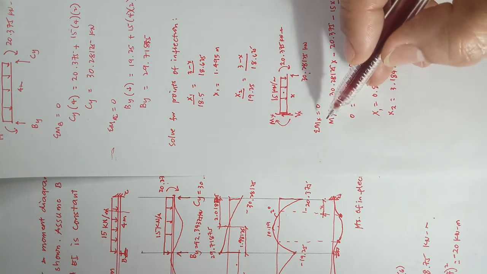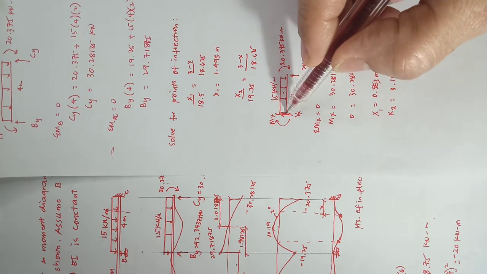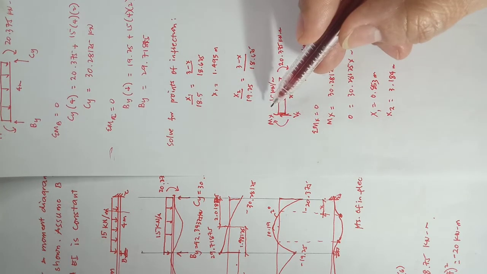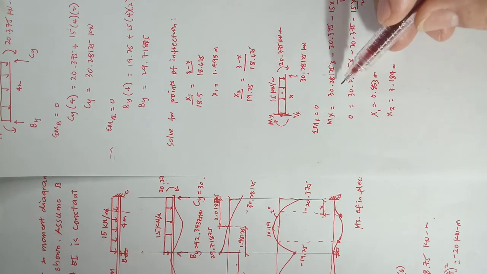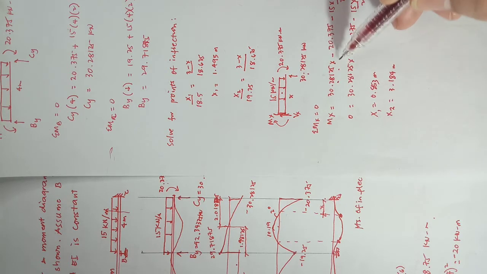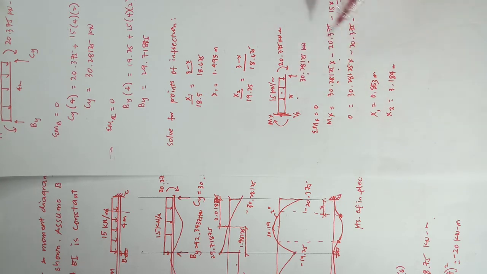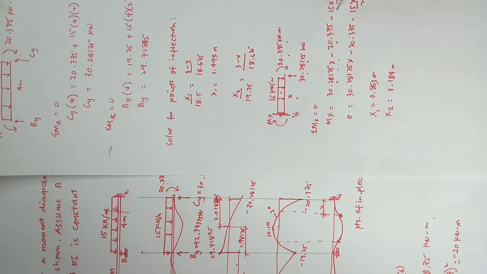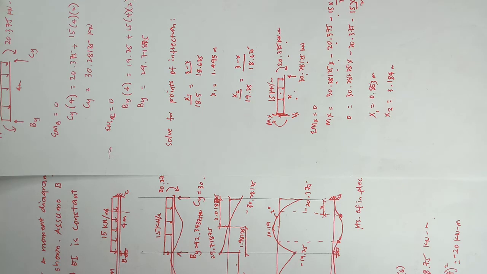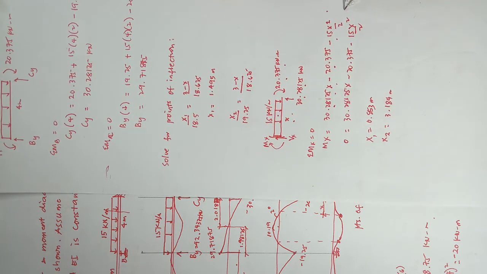So sum up moments at this section equal to 0. So you have Mx equal to 30.28125x, that is your reaction, times the moment arm x, minus 20.375, minus 15 times x times x over 2.